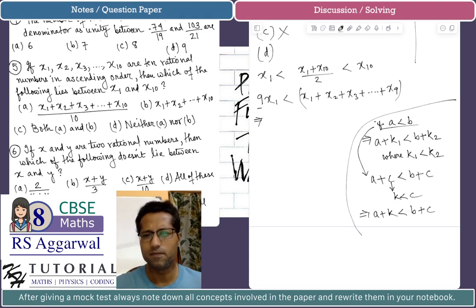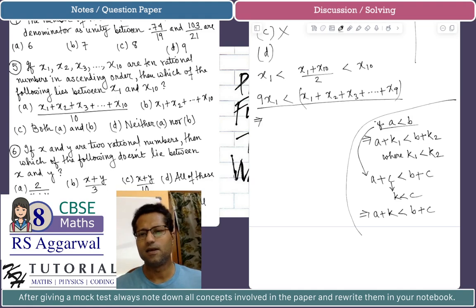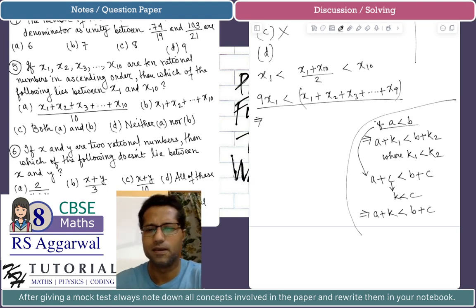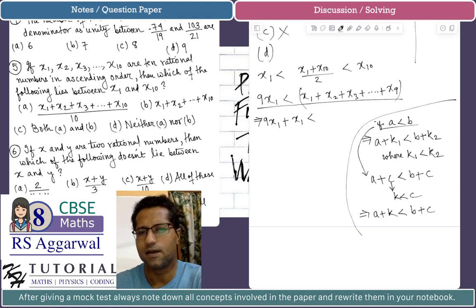So from here, I will not be adding actually, this will imply that 9x1 plus, on the left hand side I am adding x1, and on the right hand side I am adding x10.